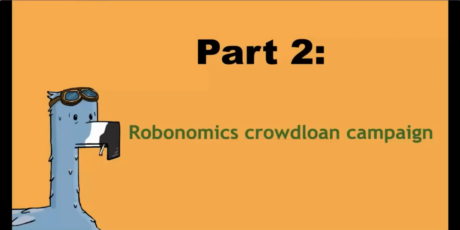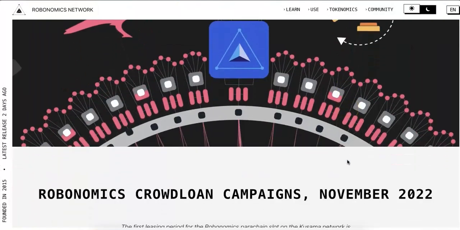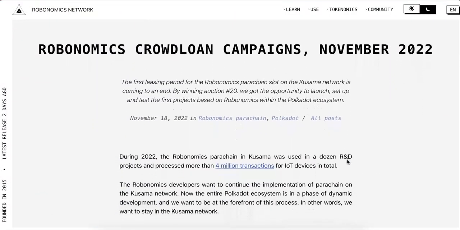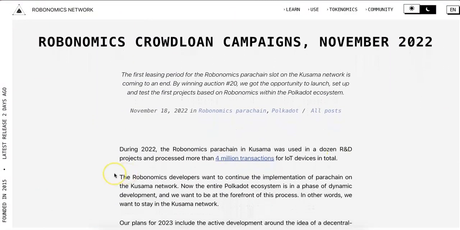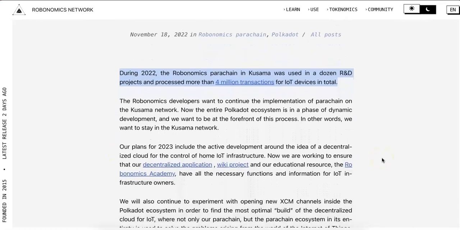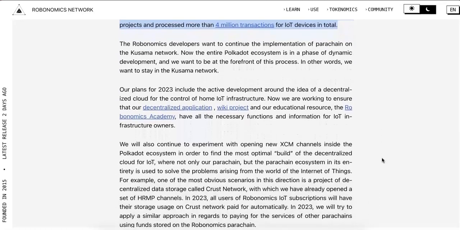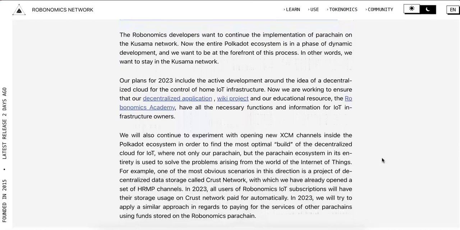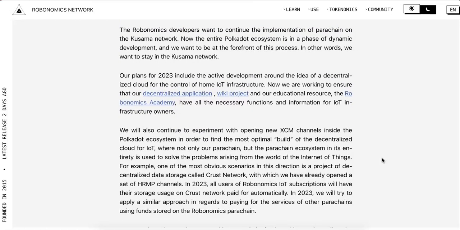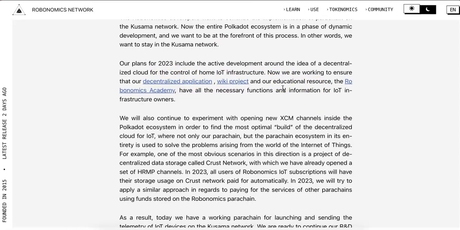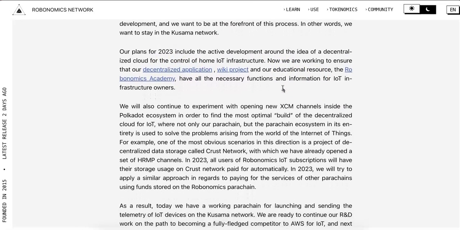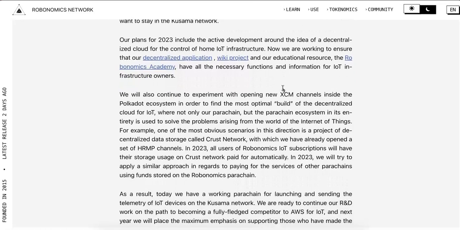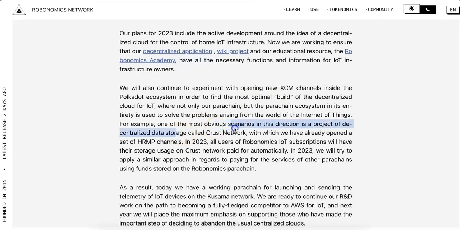Now the second part, the crowdloan campaign. We're going to look at more details for their crowdloan. On November 18, 2022, the first leasing period ended for Robonomics. They already made 4 million transactions, and their plan is to build decentralized application wiki projects and Robonomics academic in 2023.